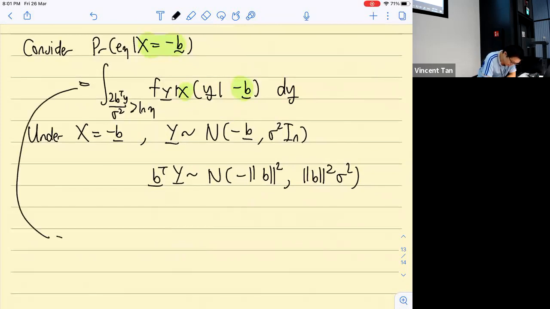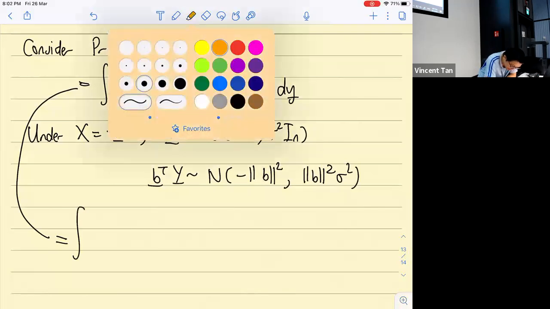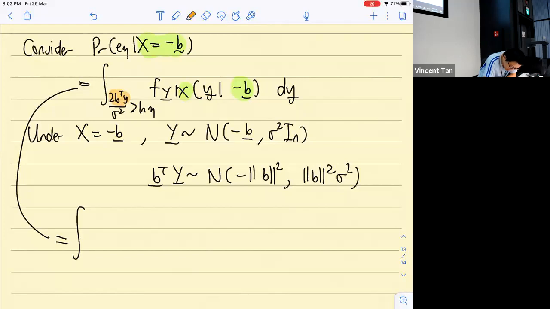So now let's take the plunge and compute this probability. Let's move this down here. This is an integral over B transpose Y, which is our variable of interest, and B transpose Y has this distribution. So now this becomes 2.